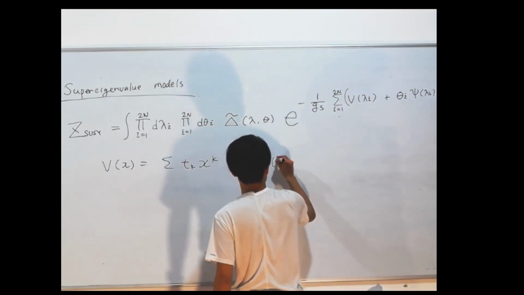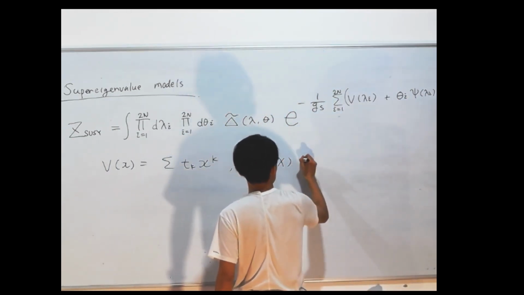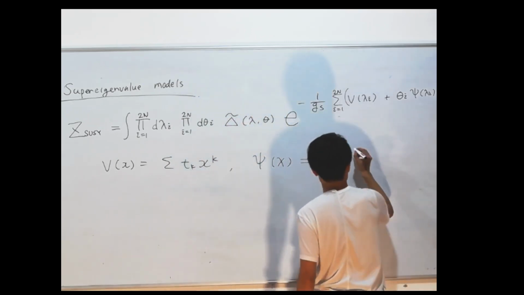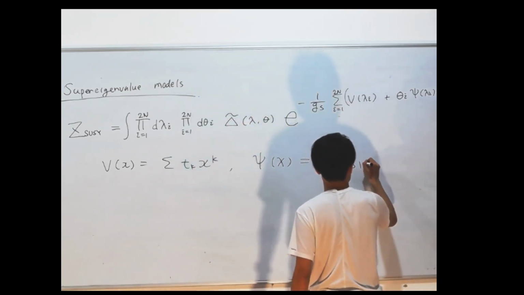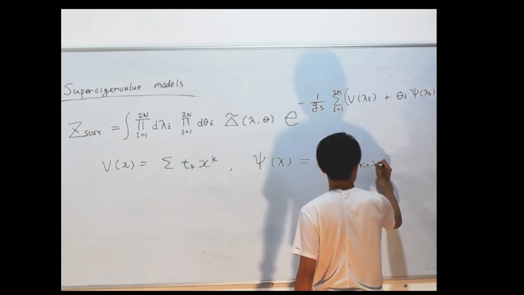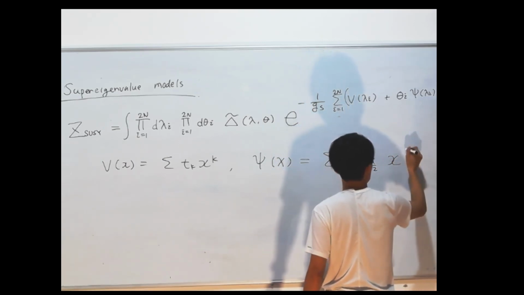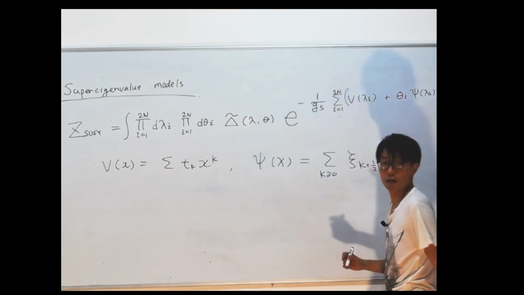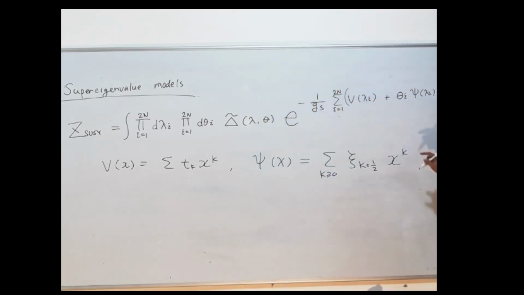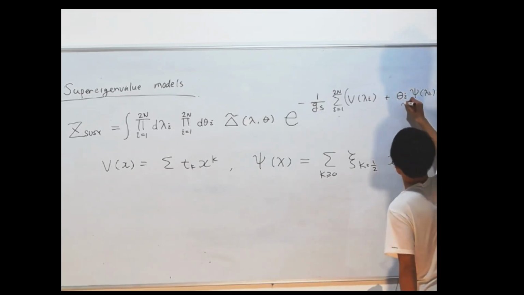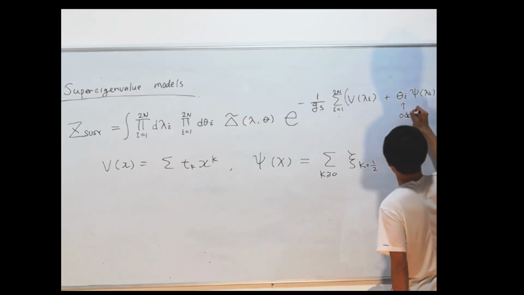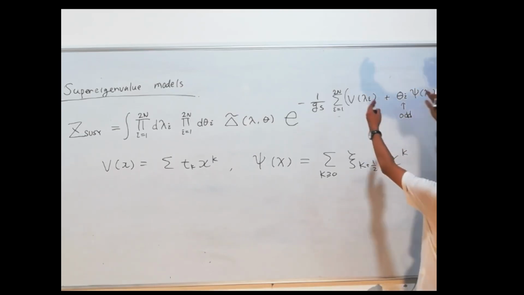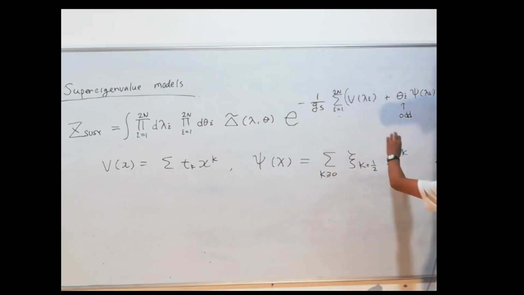The psi of lambda, or x maybe. Just for notational reasons, we have k plus half xk. Now, theta, as I said, is odd, and I want the entire thing to be even.